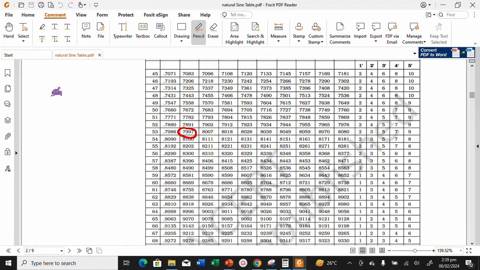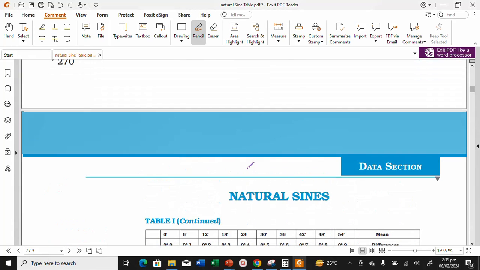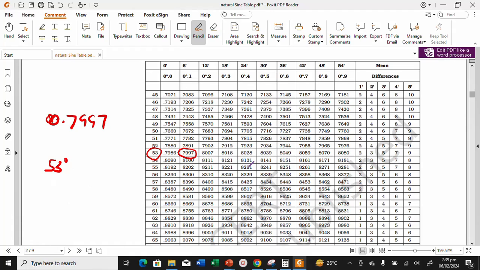At this point, we have 0.7997, and the angle is 53 degrees 6 minutes.